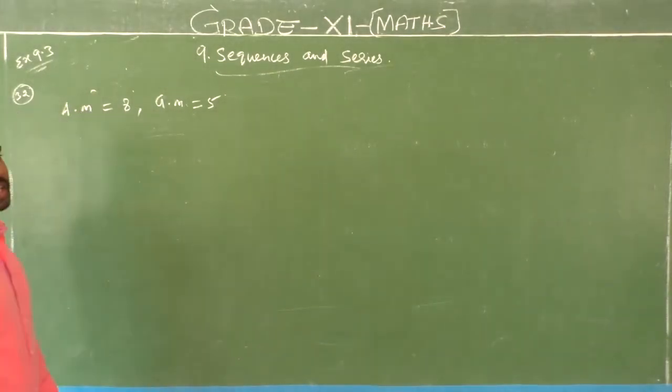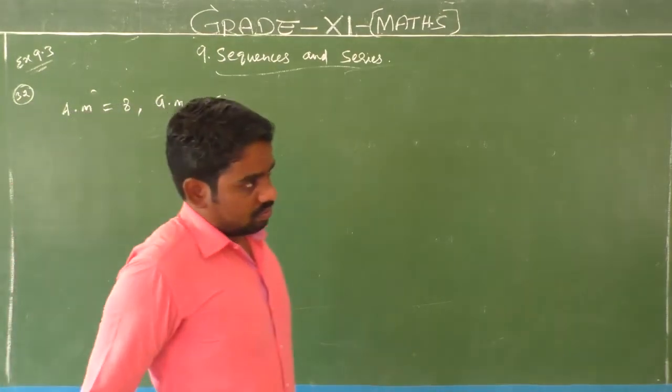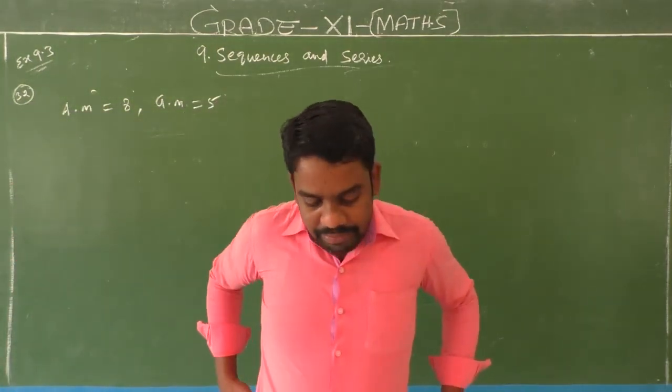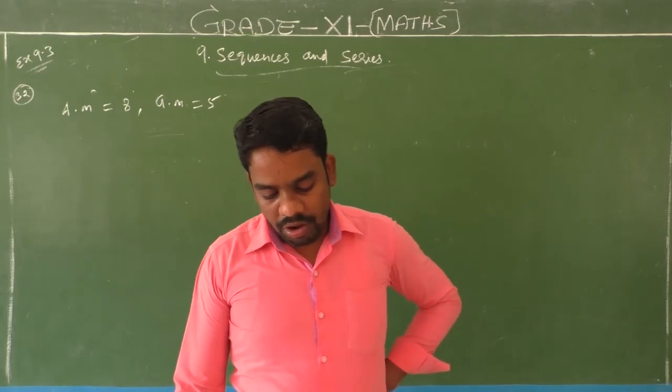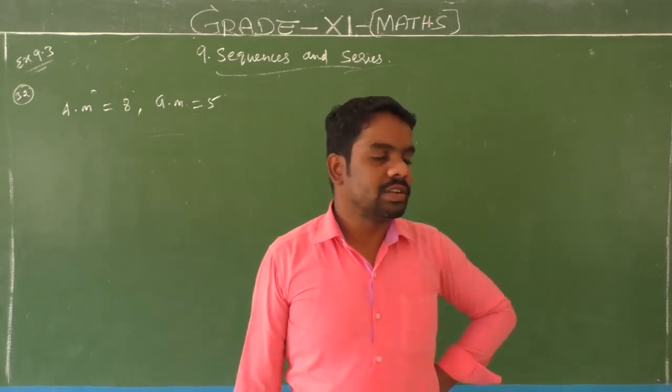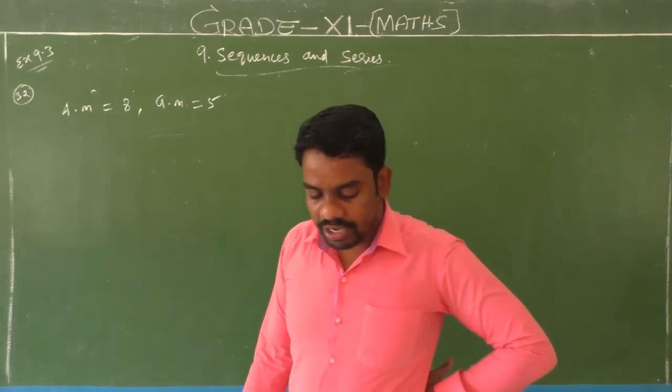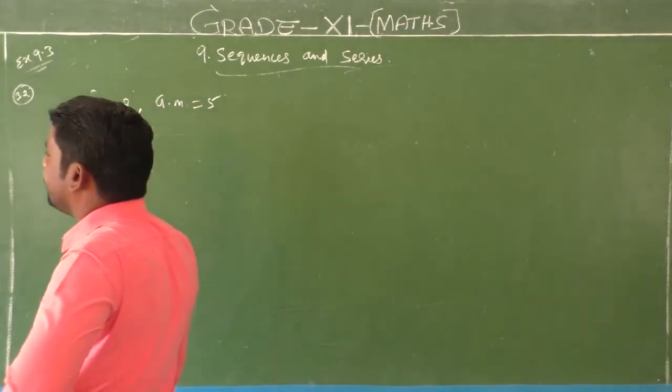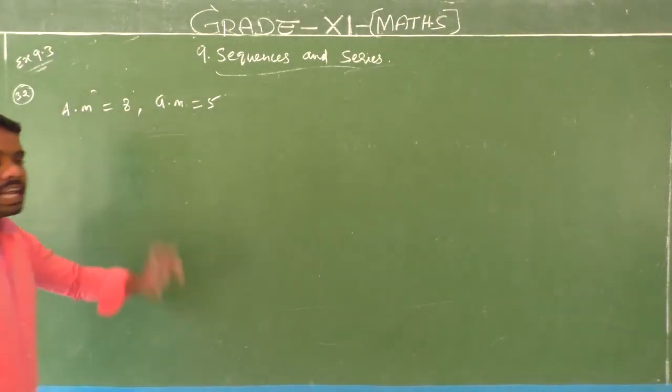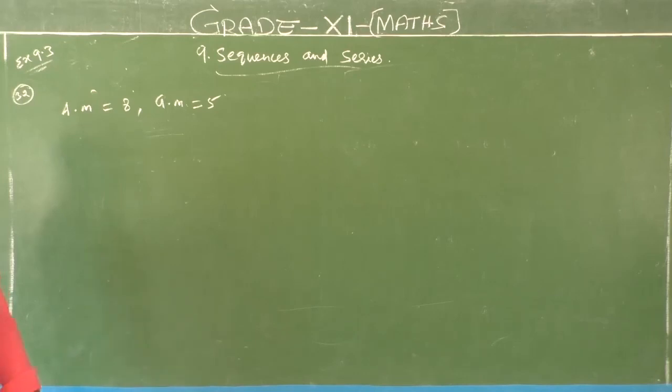The arithmetic mean and geometric mean of the roots of a quadratic equation are 8 and 5 respectively. Then find the quadratic equation. Right.